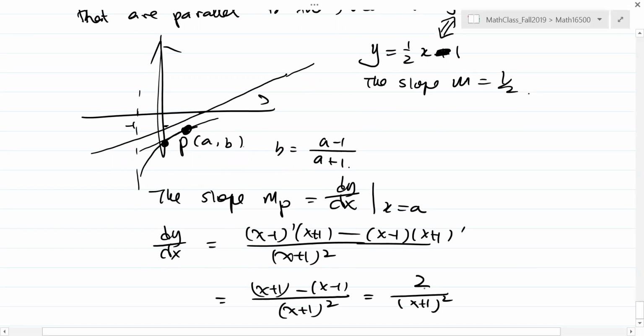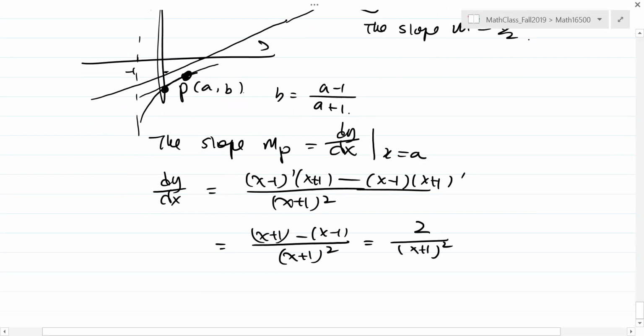Okay? So you find the derivative. This is general. But when x equals a, it is going to be 2 over (a plus 1) squared. And that's the slope of the tangent line at a and b.